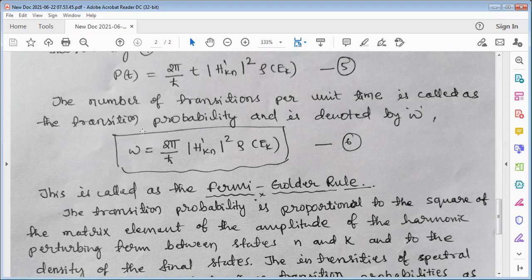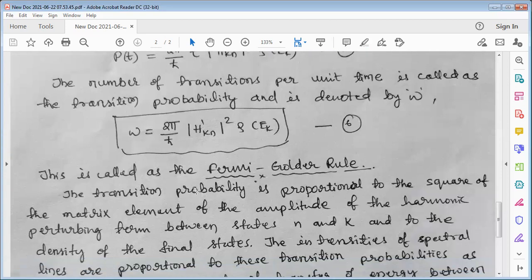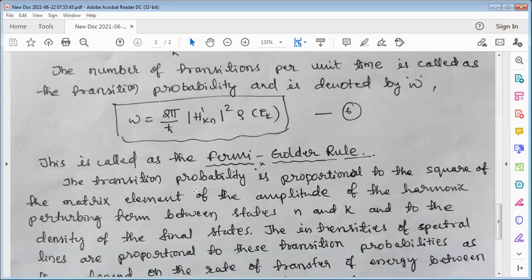So ω is equal to P(t) over t, so this t comes this side. So we are writing the remaining thing: 2π by ħ into |H'kn|² into ρ(Ek). And this is the very important, famous relation, and this is called the Fermi golden rule.